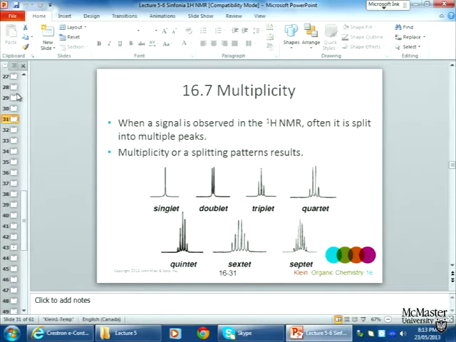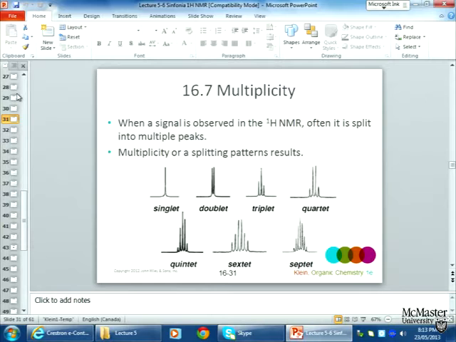In ethyl benzene, there are actually 2 hydrogens on the carbon next door. And from NMR, I can determine that because I see this ratio of peaks. This is called a triplet. The signal is divided into 3 by the presence of 2 protons on the carbon next door to the methyl group that I'm looking at.